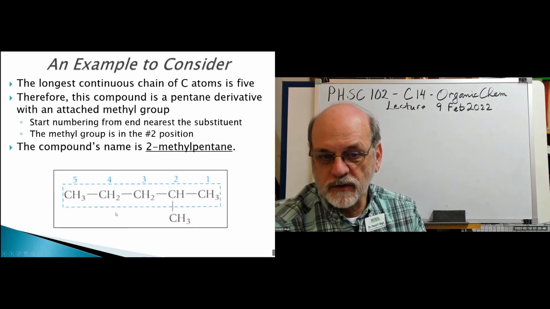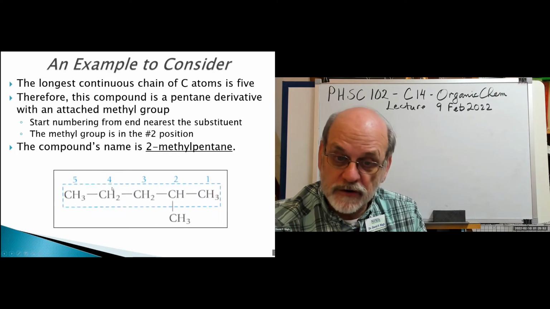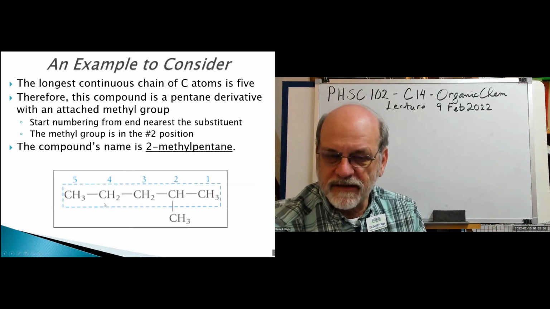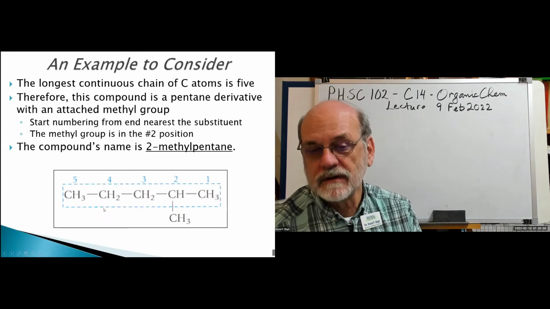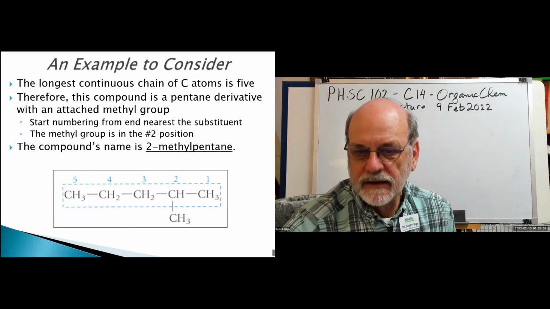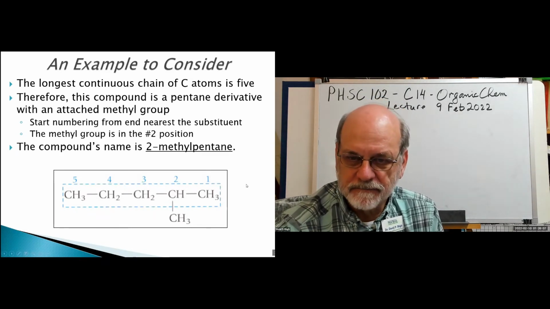Now, what's to say we couldn't put it on this carbon? Well, we could, but in that case, you'd start numbering from the other end. Then it'd be 1, 2, 3, 4, 5 from that end. So putting it here or putting it there is the same molecule. There's no difference. It's in the number 2 position.